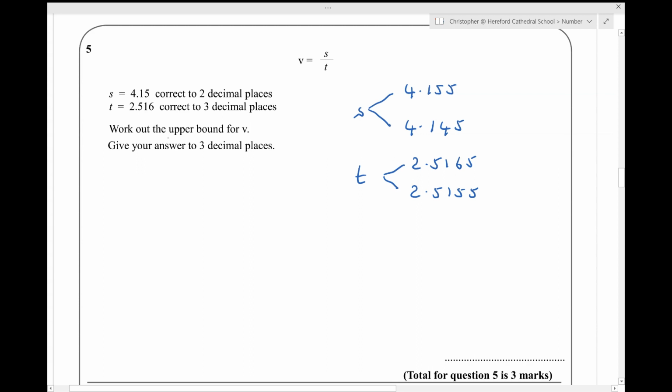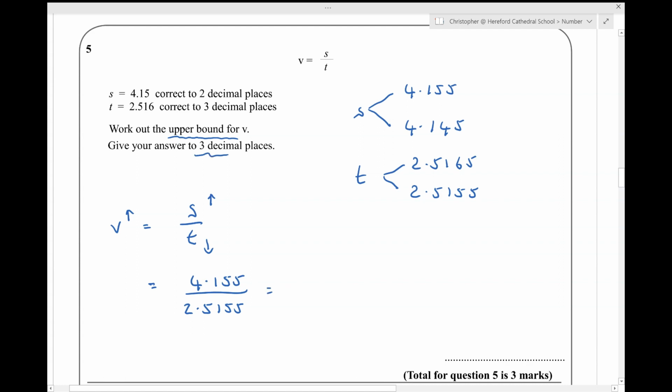Now in this question I'm asked to work out the upper bound for v. So I want v, which by the way equals s over t, to be as high as possible. And if I want s divided by t to be as high as possible, I'm going to take the highest possible s and the lowest possible t, because when you divide s by the lowest possible t, you'll end up with the highest possible answer. So that's going to be the highest possible s, 4.155, divided by the lowest possible t, 2.5155.